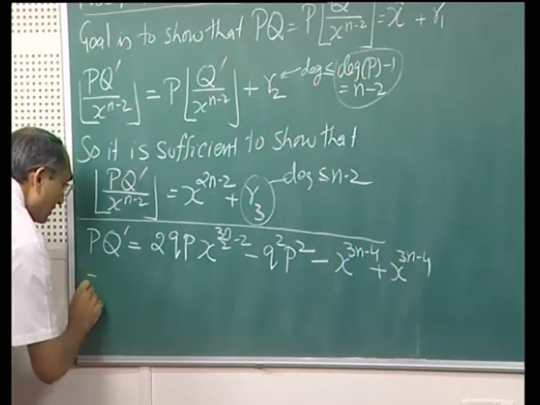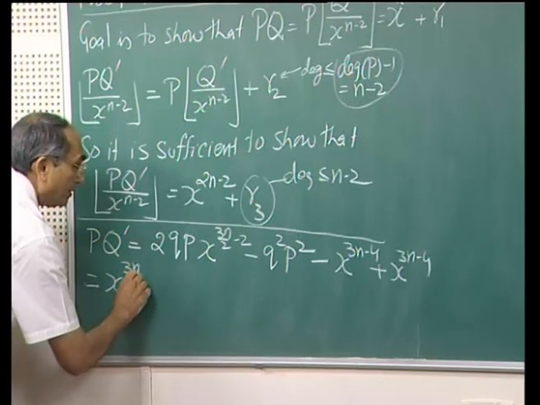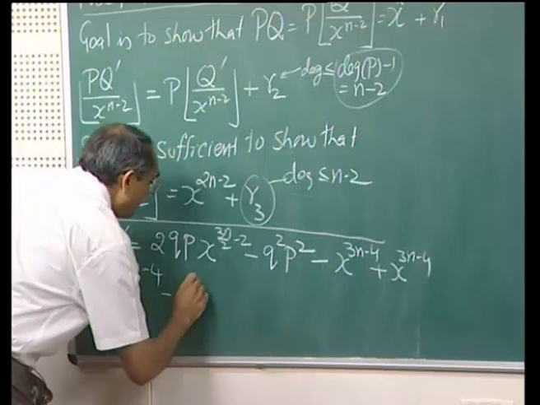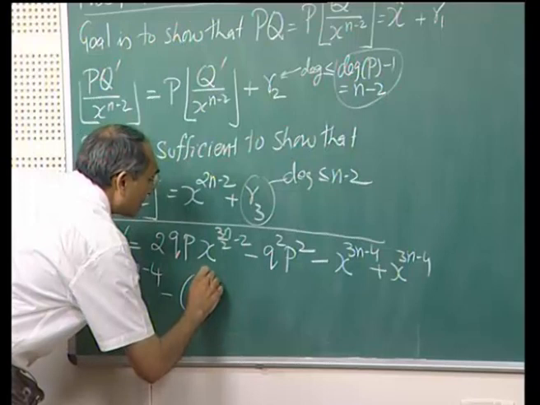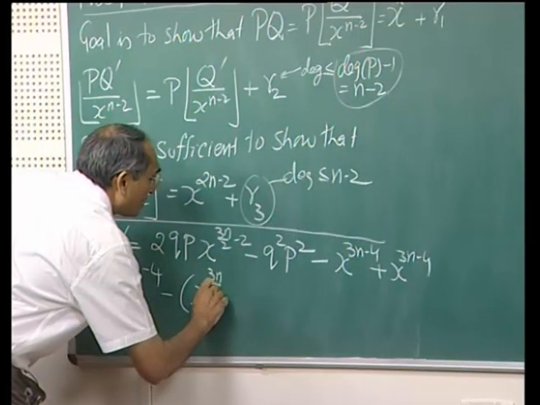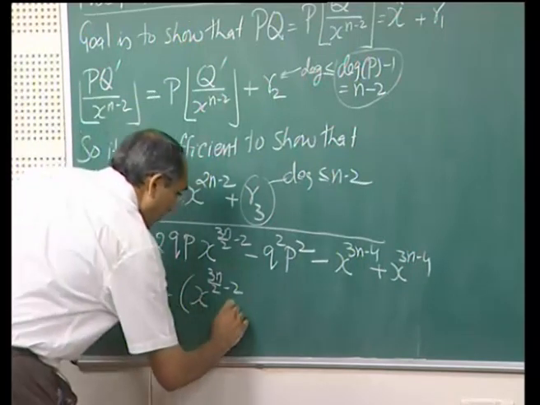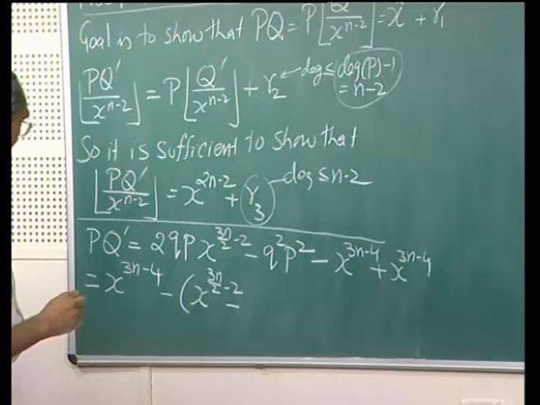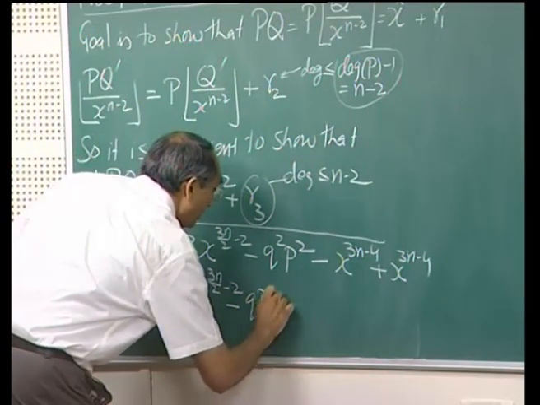So, that becomes x power 3n minus 4 minus x to the power 3n by 2 minus 2, plus minus, QP whole square.